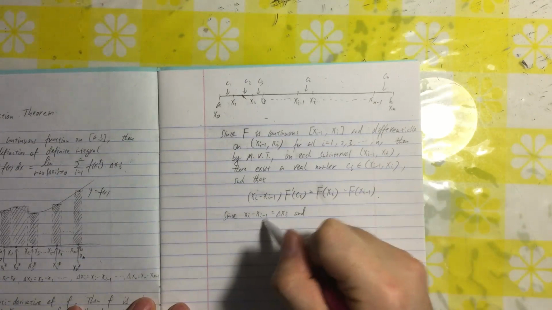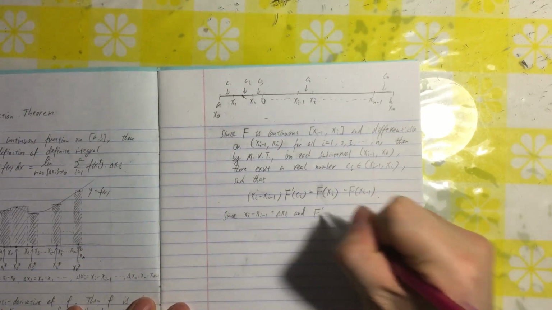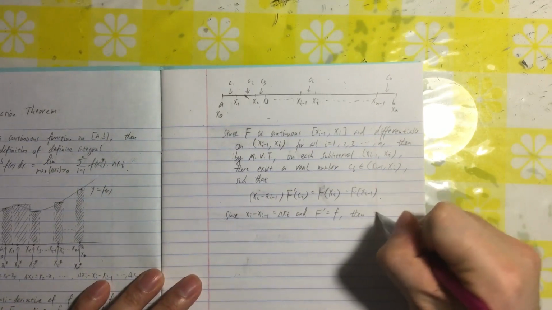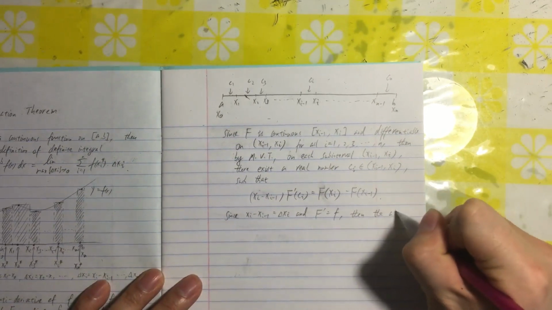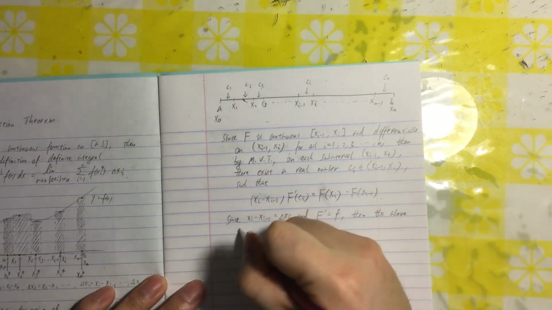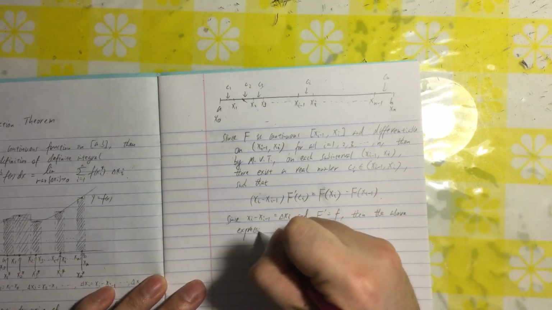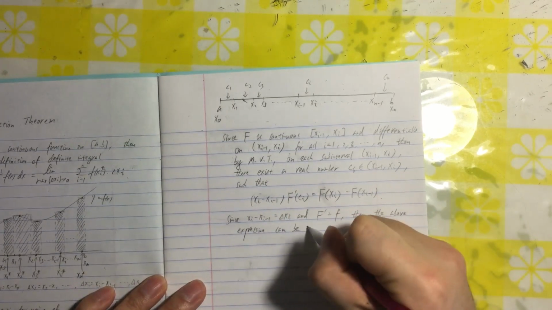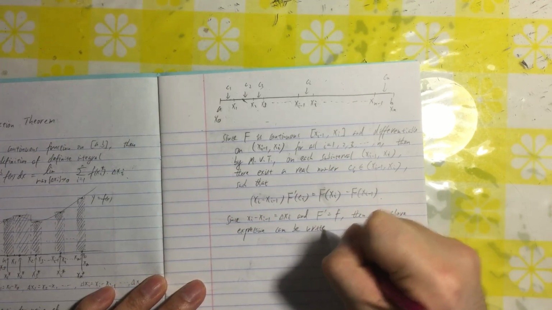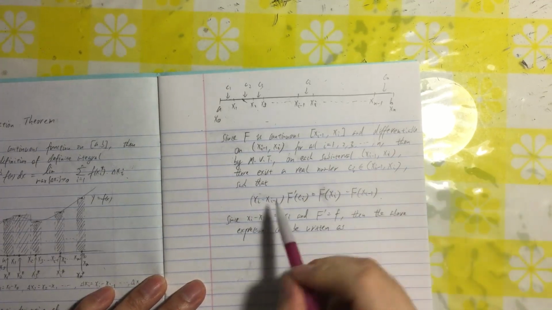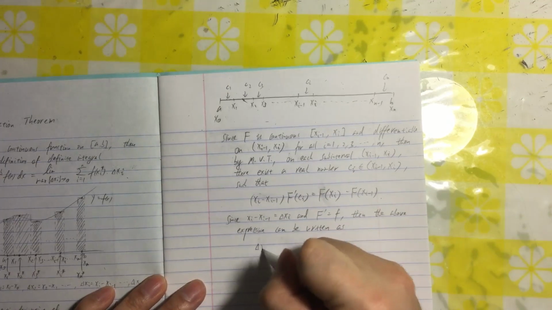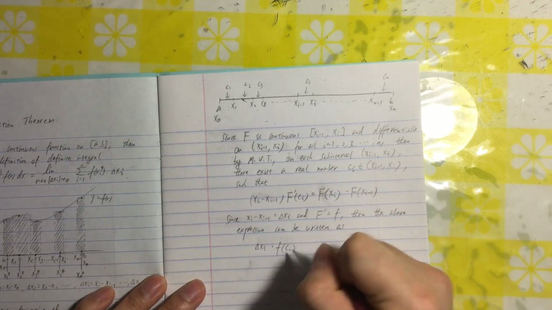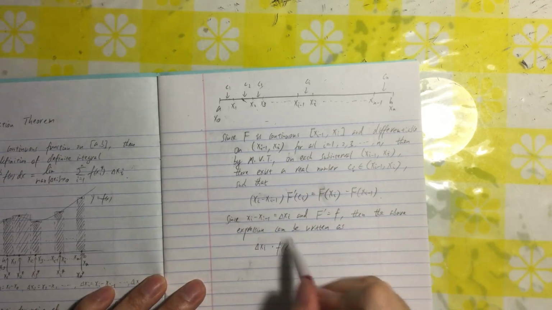Since x_i minus x_{i-1} is delta x_i, and big F prime is small f, the above expression can be written as delta x_i times small f of c_i.